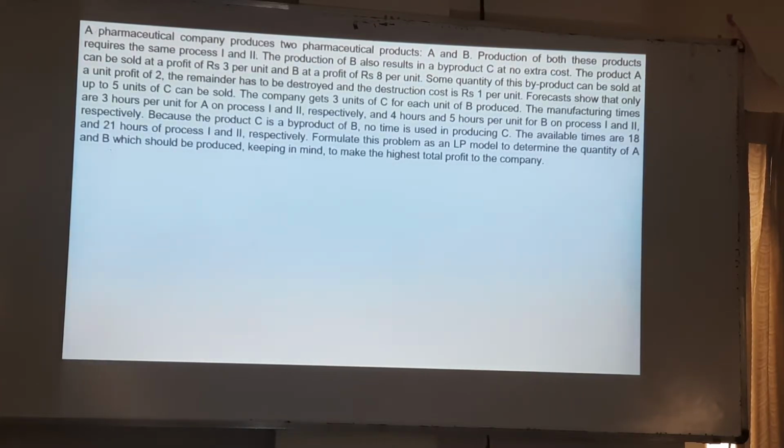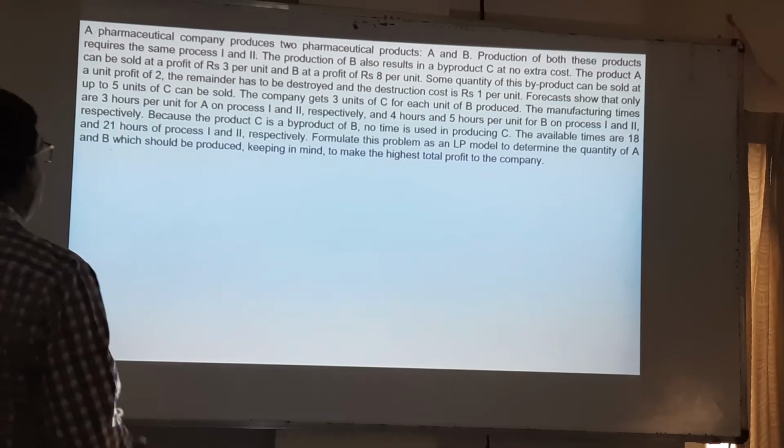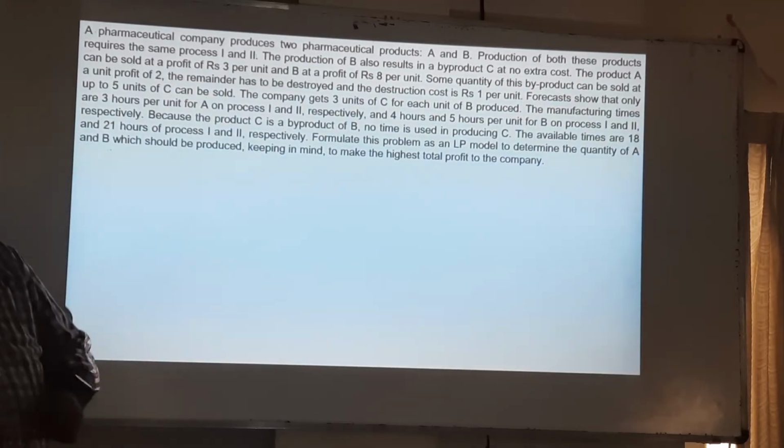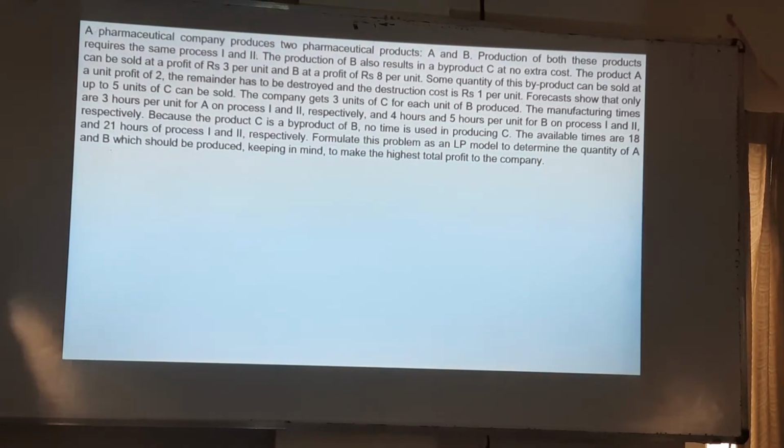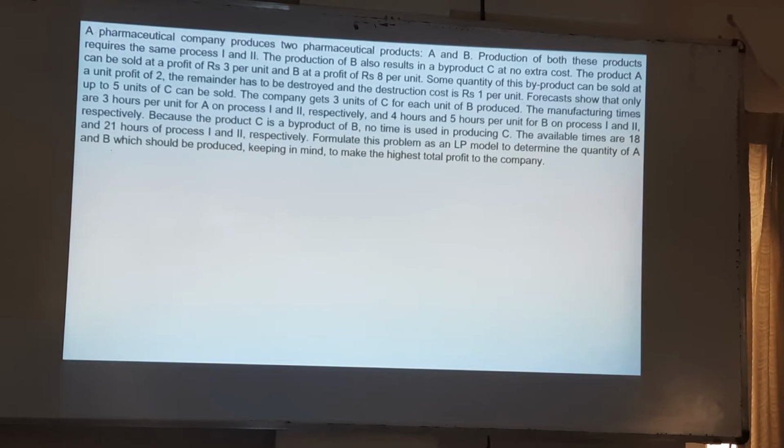So that was the problem. We find out that there are two products A and B and there is a byproduct C. The byproduct needs to be split into two: the part which can be sold at a profit, and the part which should be destroyed at a cost of 1 rupee.